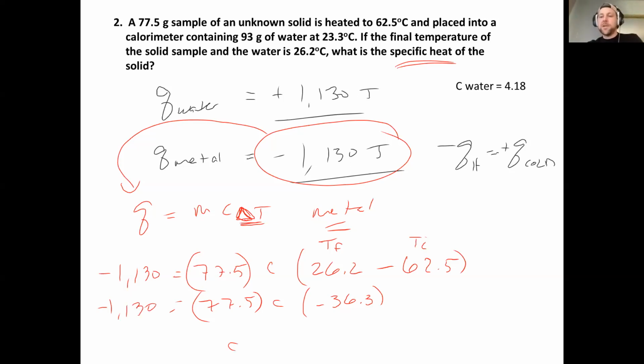And then we can finish this and solve for C by dividing both sides by what C is being multiplied. I'm going to divide both sides by 77.5 and both sides by negative 36.3. So I'll get that on the left side.